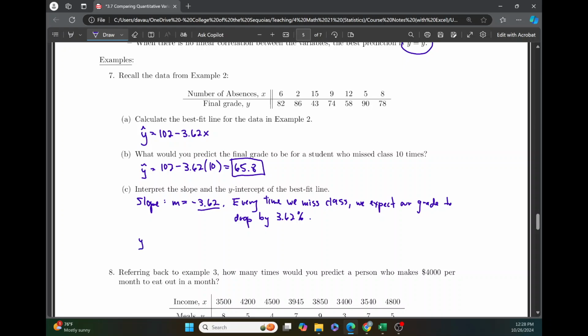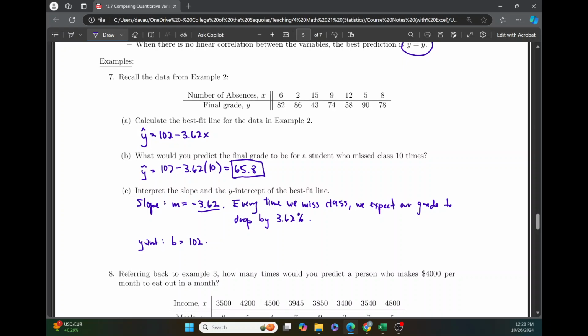As for the y-intercept, the y-intercept in this case is 102. And remember, this is what we get when we plug in 0 for x. So x is the number of absences. If we plug in 0 for x, that means we don't have any absences. We never missed class.